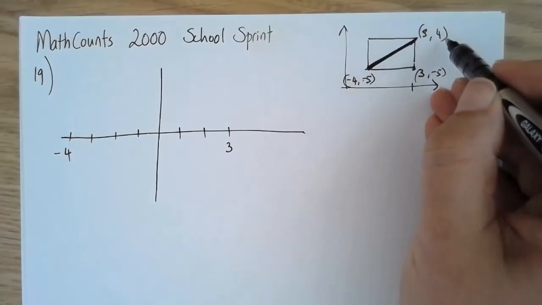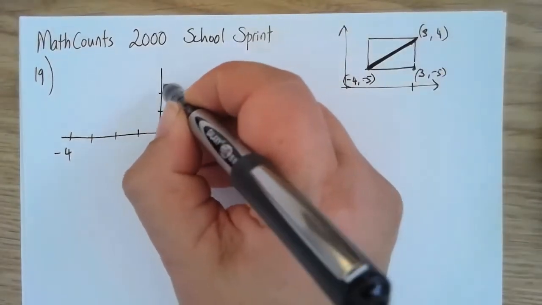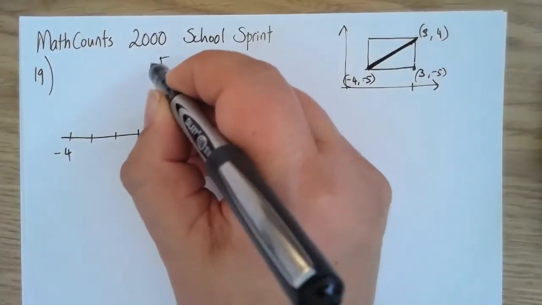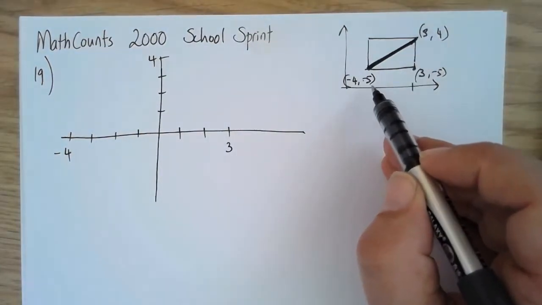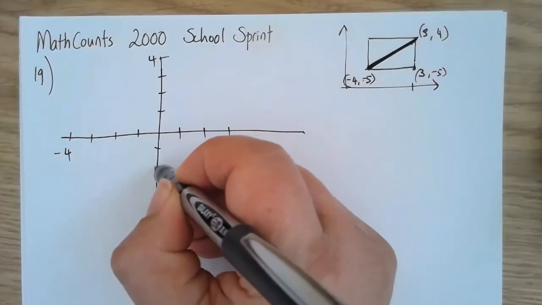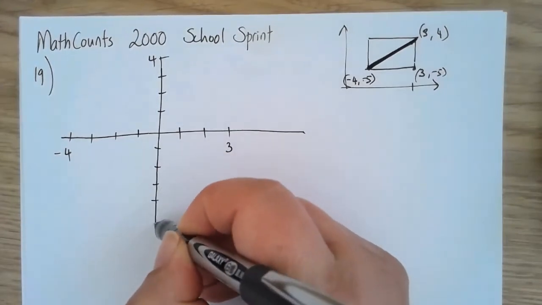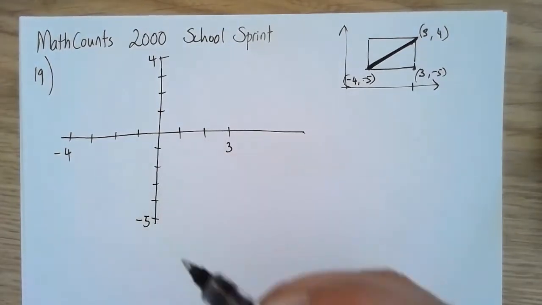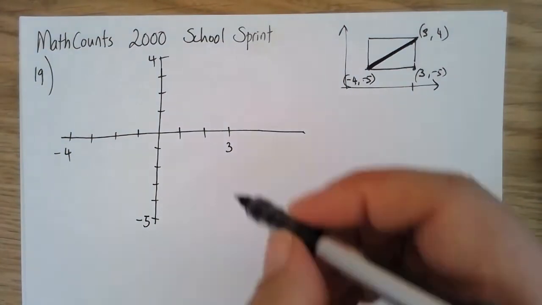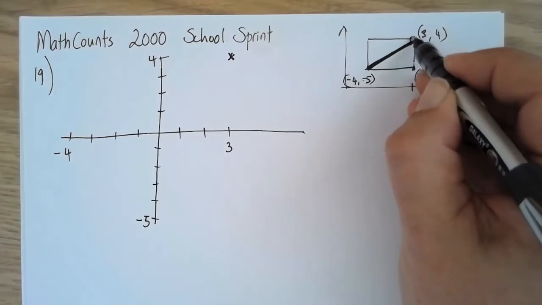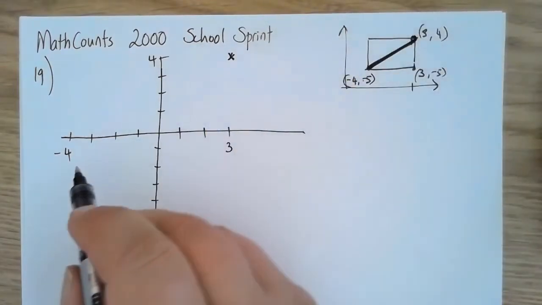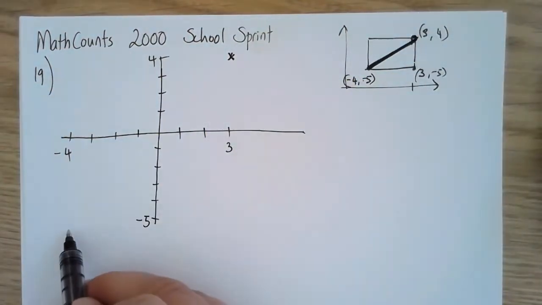I need to go up 4 on the y, and down 5 on the y: 1, 2, 3, 4, 5. And therefore (3, 4) puts me here, just up here, and then (-4, -5) puts me down here.